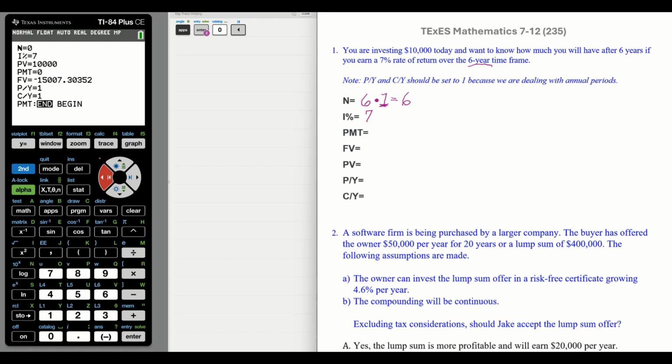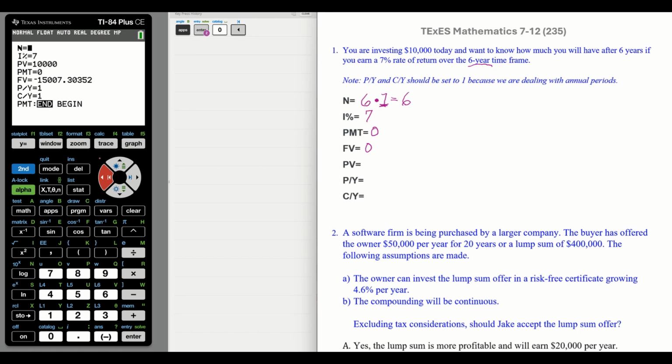Now this PMT, that's for payments that you might make during the years. We're not doing that, so you can literally just say 0. Now, we are looking for the future value, so I like to put a 0 there and then come back to it later.